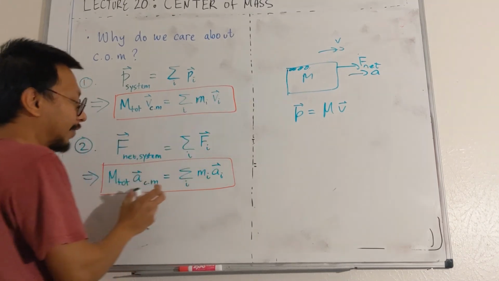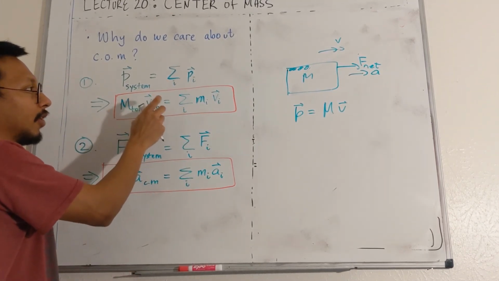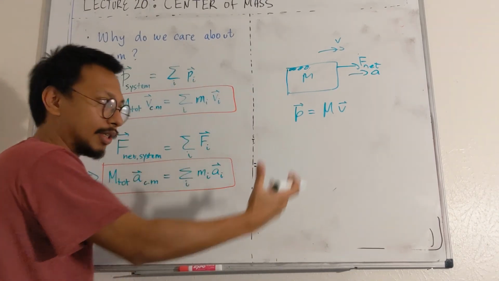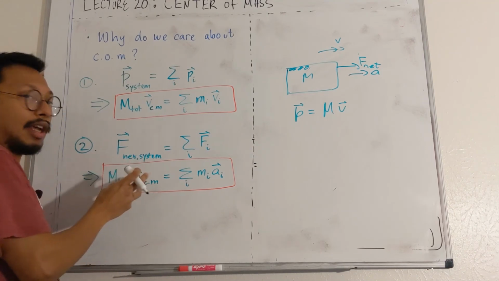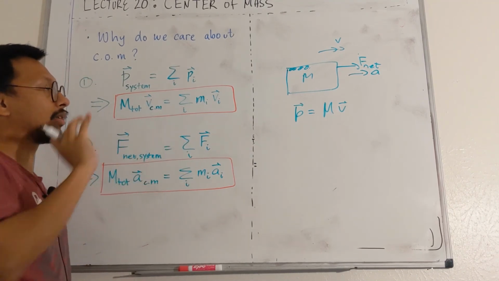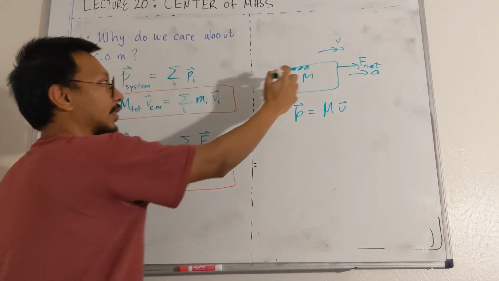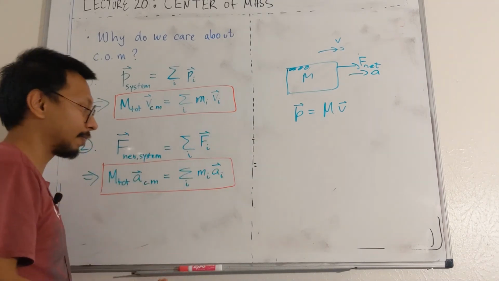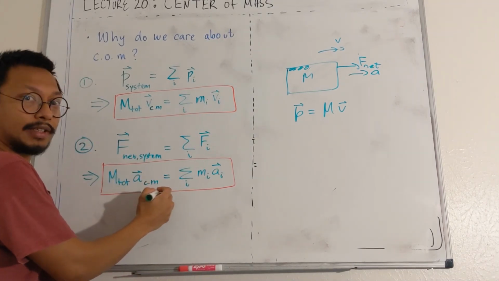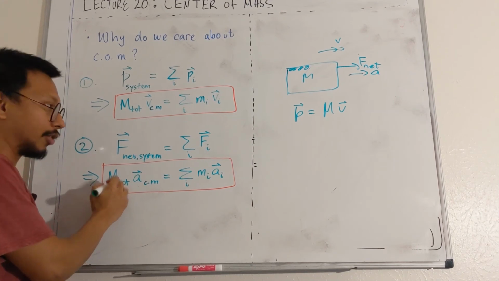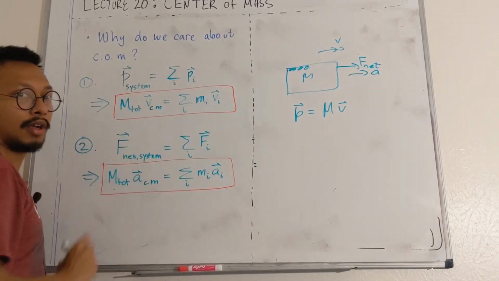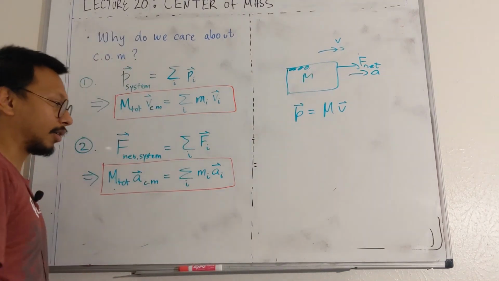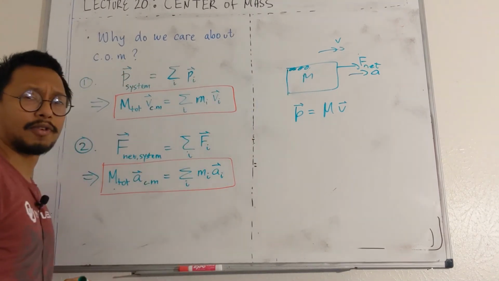So if we didn't have the concept of center of mass, where the velocity of the center of mass is the same as all of the velocities that make up the box system, and the acceleration of the center of mass is the same as all the individual accelerations produced by this net force on all of these particles forming that box system. So when we have the center of mass acceleration, we can just multiply it with the total mass of the box to get our net force on the system, rather than going individually to each of these particles and calculating the net force on all of them.